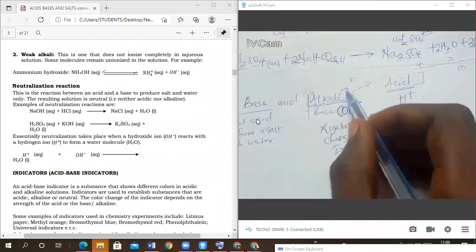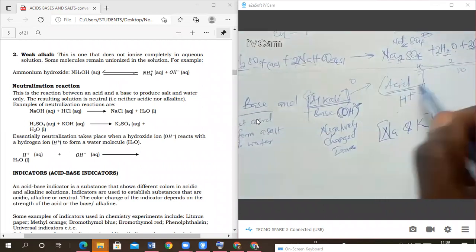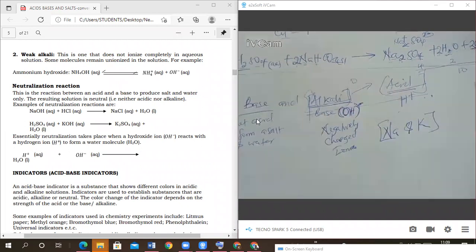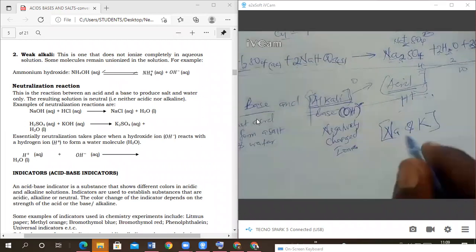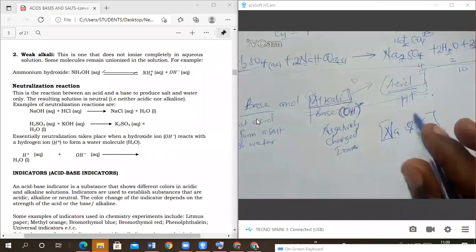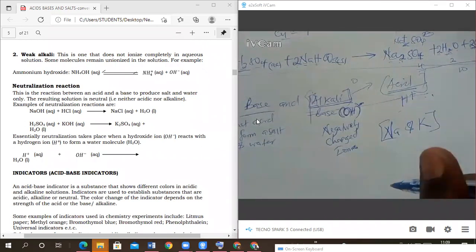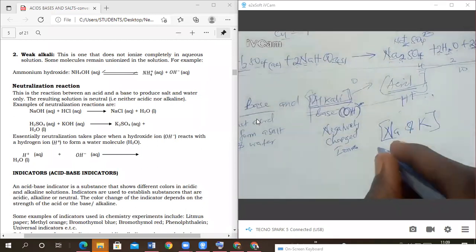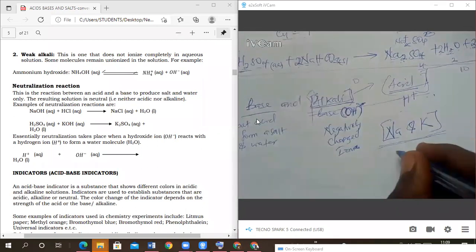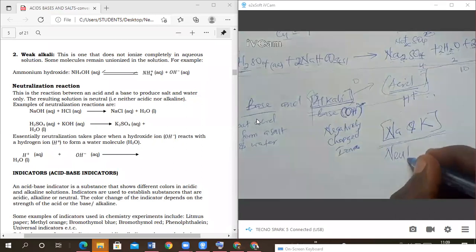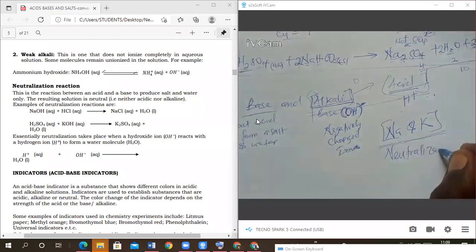If you use the alkali and an acid, which method is this? The method is called what?